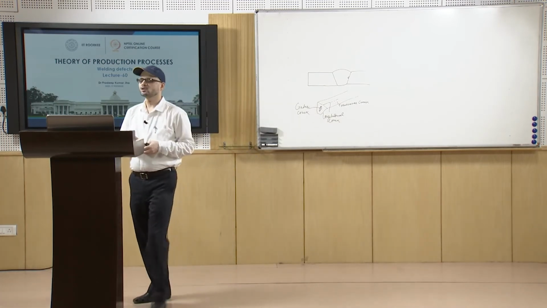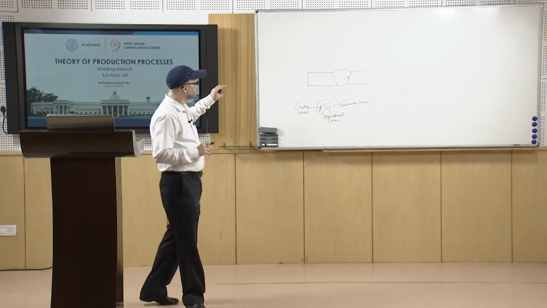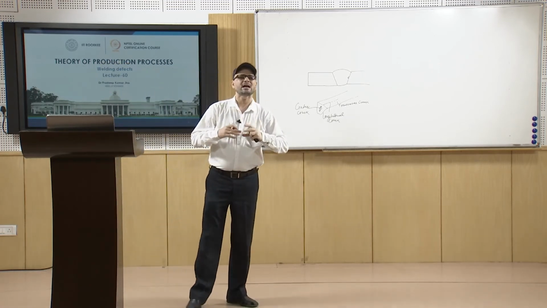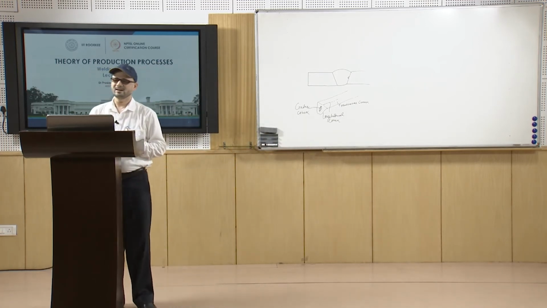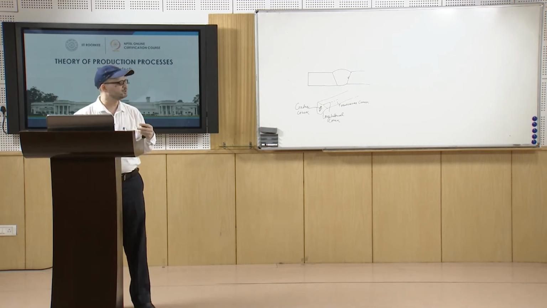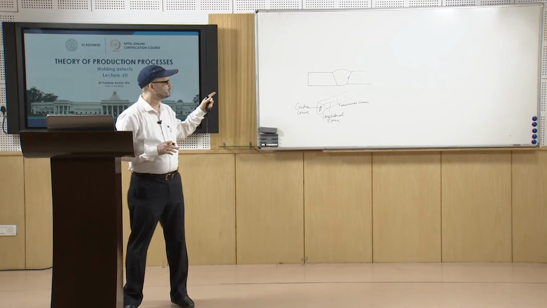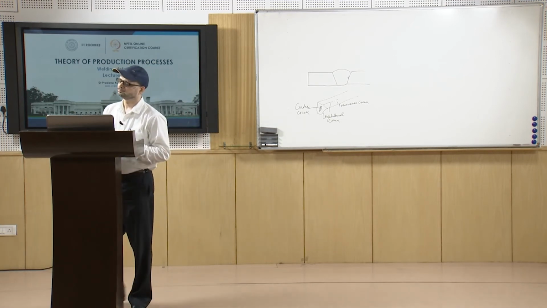This way you can minimize the chances of formation of crater cracks. Crater cracks are normally formed in materials with high thermal expansion coefficients, like austenitic stainless steel. So, in those cases the chances of formation of these crater cracks are more.